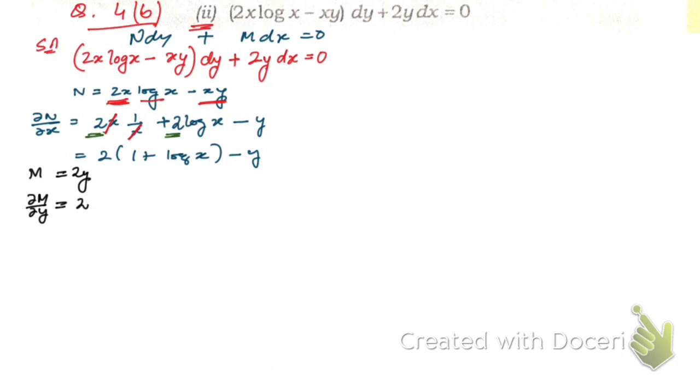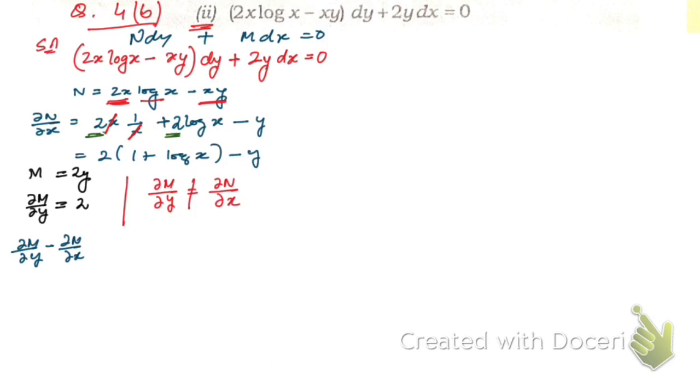Now here you can see that del N by del x is not equal to del M by del y. So in this case what we can do is take del M by del y minus del N by del x, or you may take del N by del x minus del M by del y. Let me tell you.